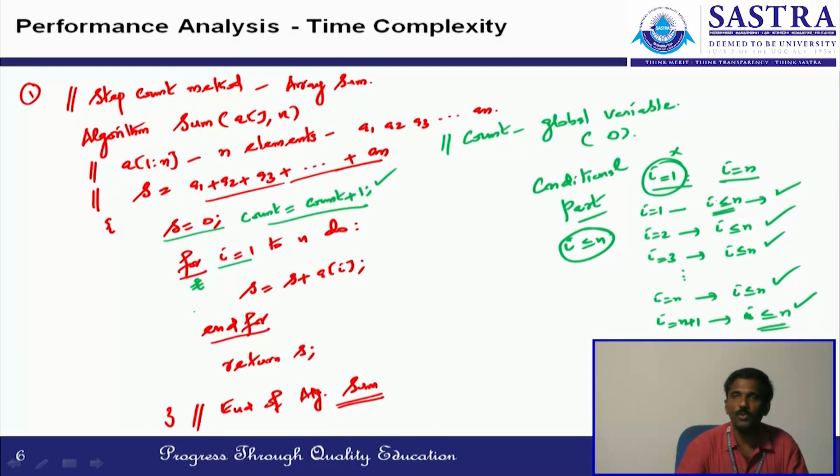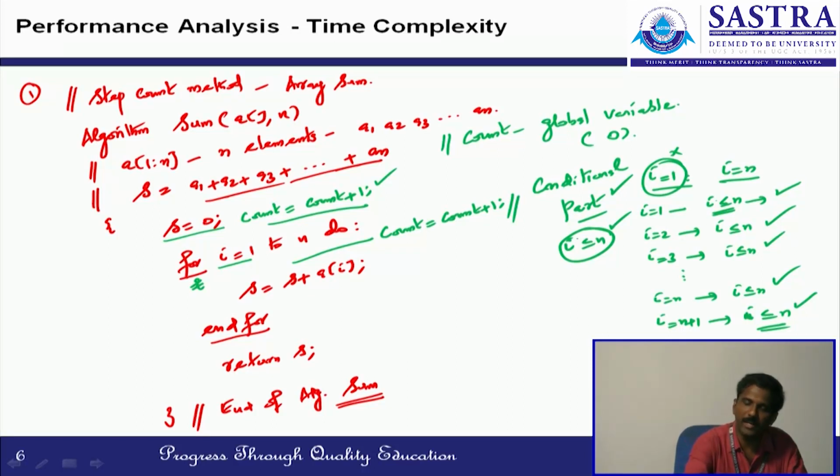For I is equal to 1 to n do, here I introduce the statement count is equal to count plus 1. This is introduced to check the conditional part. In the comment I have written: conditional part check I less than or equal to n.